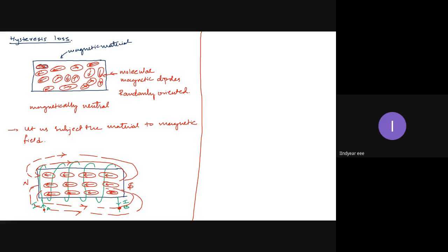If I want to change the polarity of an electromagnet, I change the direction of current. So when I change the direction of current, the orientation of these molecular magnets will reverse. And if the current is alternating, after every half cycle the direction of these molecular magnets will reverse.